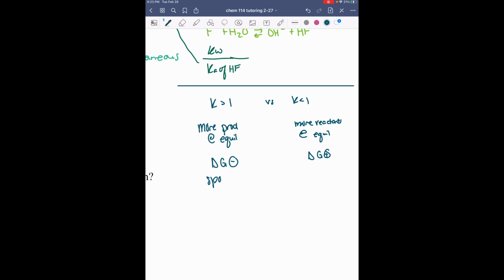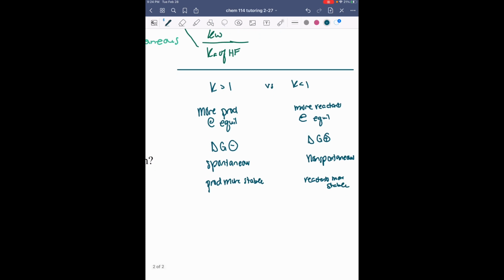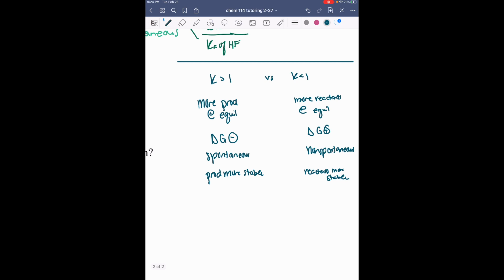This is spontaneous. This is non-spontaneous. Products are more stable. Reactants more stable. Because whatever's more stable is more present at equilibrium, because we all want to be more stable.